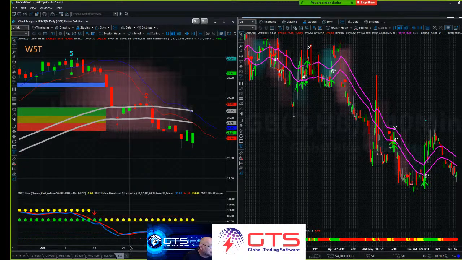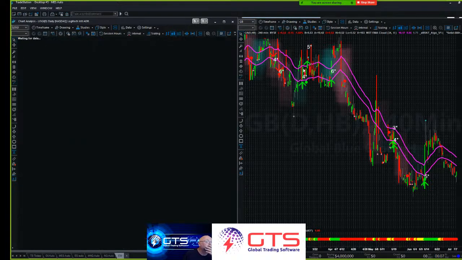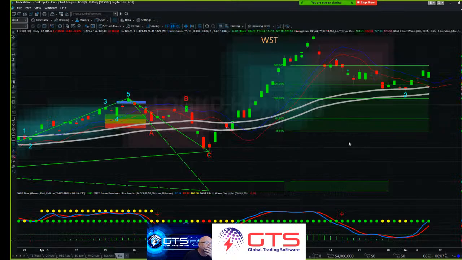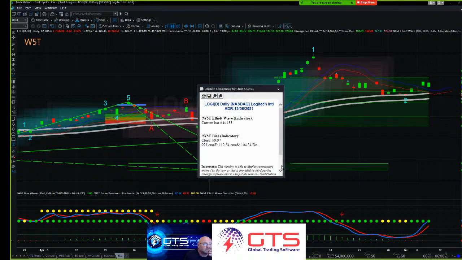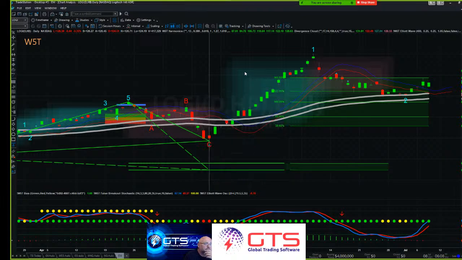With TradeStation as well, while we're on here, that stock ticker was LOGI, I think. Well, I'm going to have to isolate on this. I think it was here, 433.